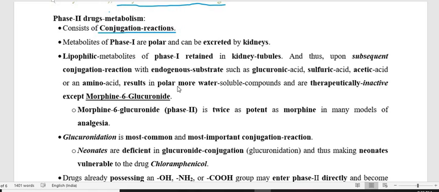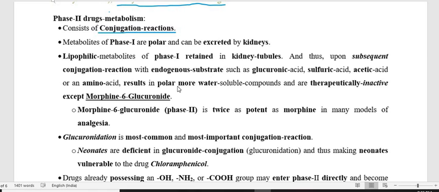So the phase 1 enzyme is a microsomal enzyme residing in the endoplasmic reticulum. However, the phase 2 enzymes reside in the cytosol or cytoplasm. This is a very important differential point between phase 1 and phase 2.